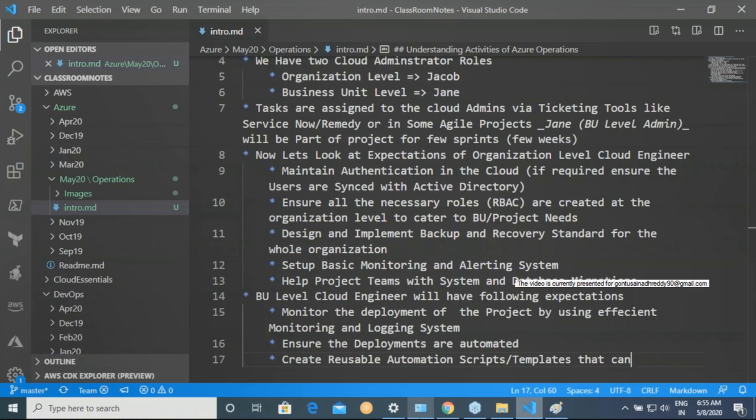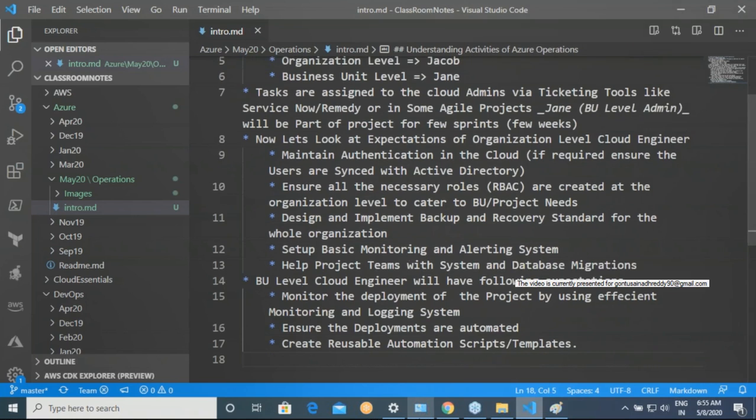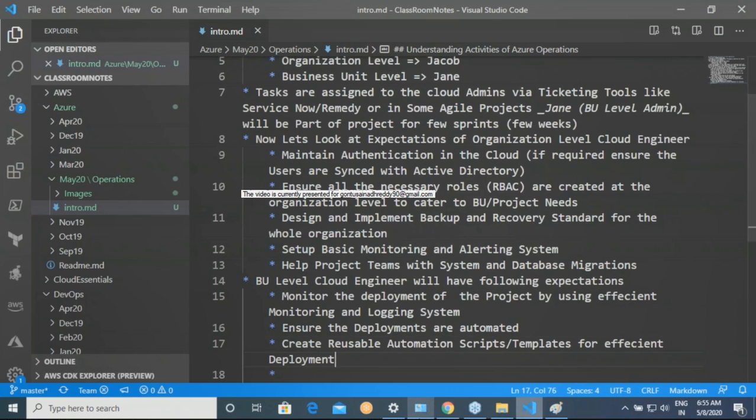If I say reusable, that's more than enough. For efficient deployments.